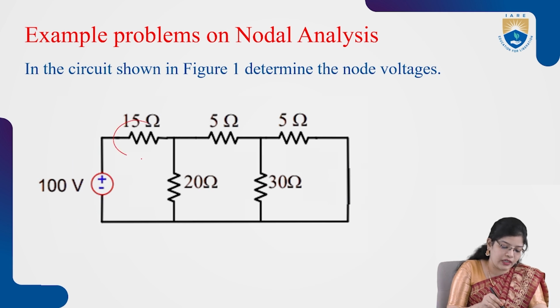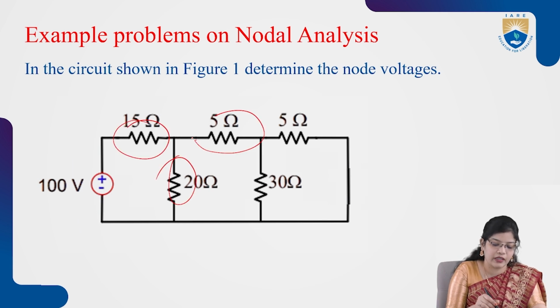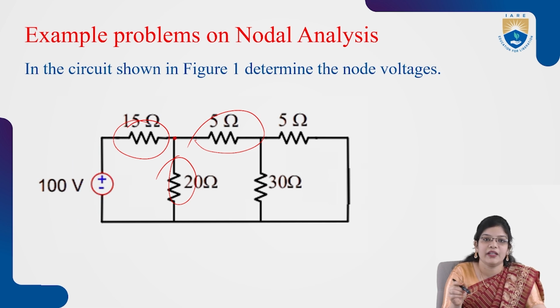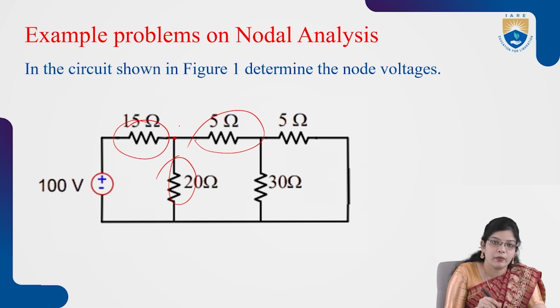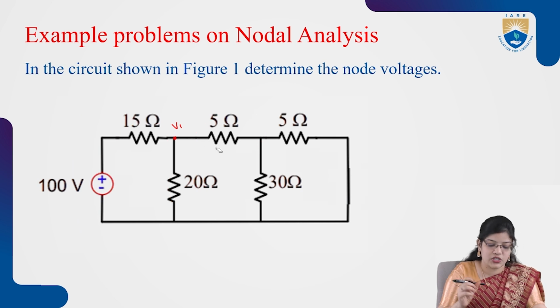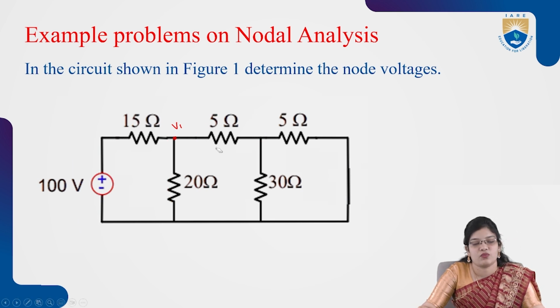Here is one element, here is one element, and here is one element, joined at this point. So it is taken as a node, denoted V1. It's your wish whether to denote it V1 or X1; as we are calculating node voltages, I am denoting it as V1.